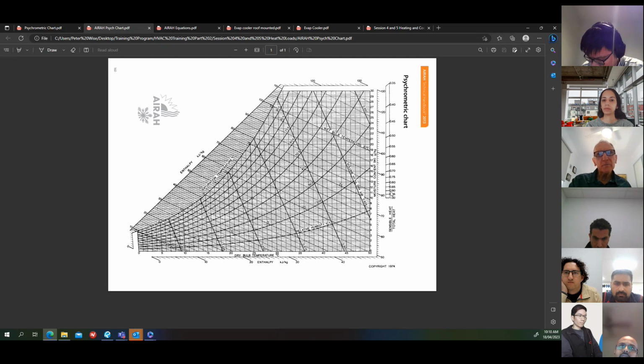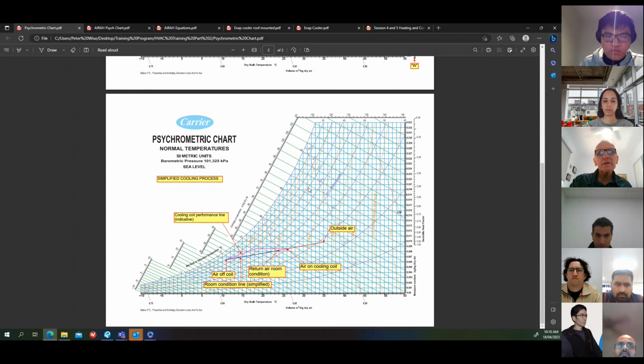If you're looking at a thorough study of psychrometrics, which would take us at least a few days anyway, it's quite a big subject, you'd find out how you can do all these calculations using the psychrometric chart, and eventually you'll get to the stage where you can do that.